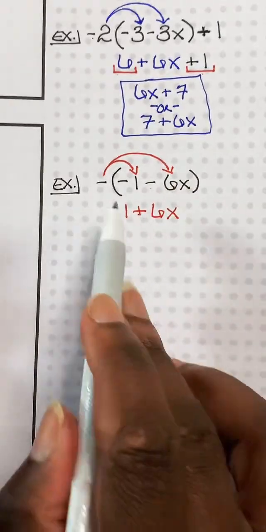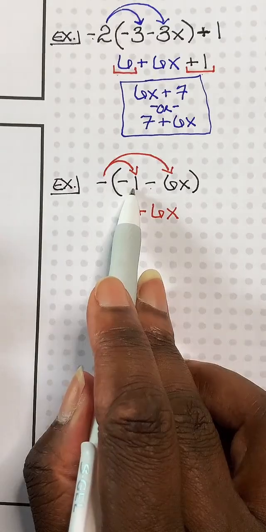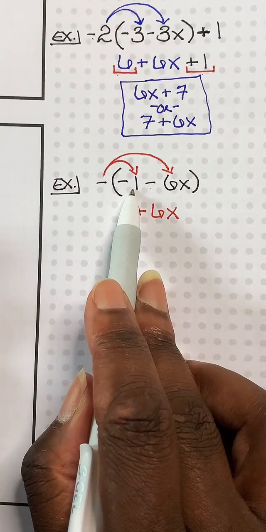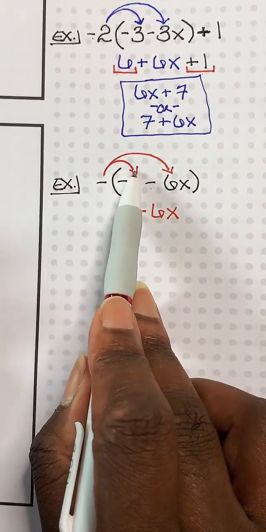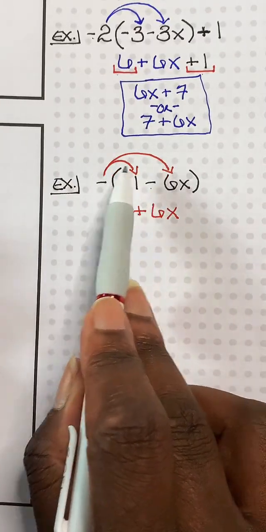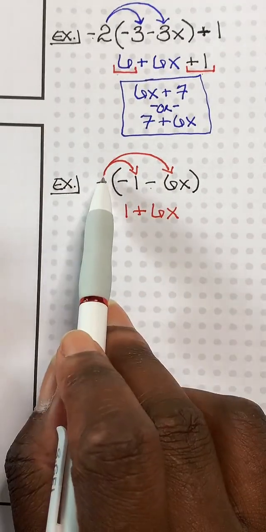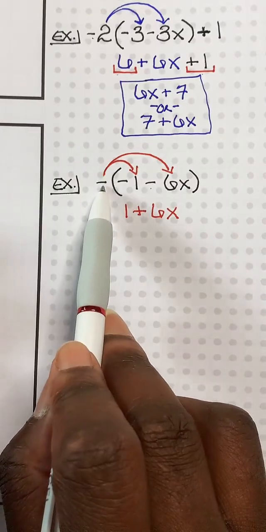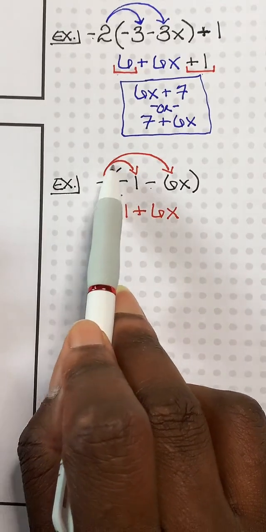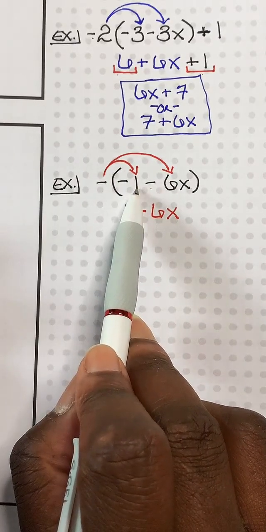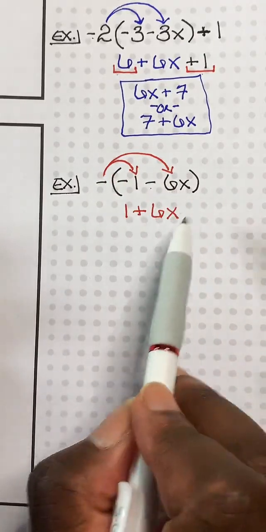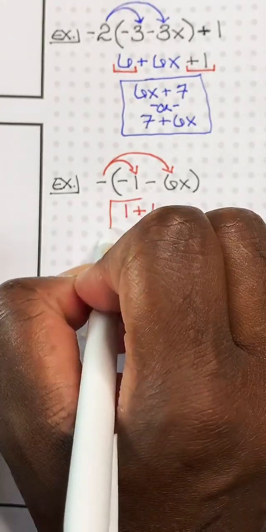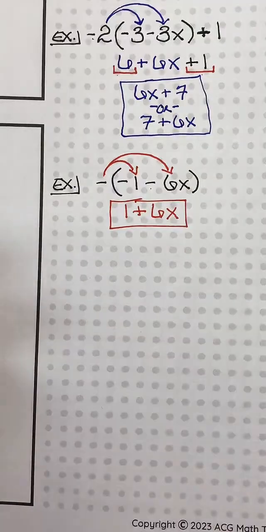But the thing is, we do great with the first term, but then we forget what we're doing when it gets to the second term. That's why a lot of teachers have you draw the arrows, the little rainbows, to remind you that you're distributing this negative not only to the -1, but also to that -6x. Okay? So this is our answer.